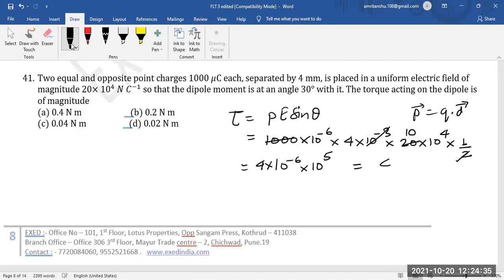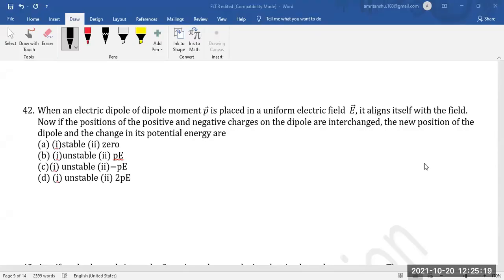So this is 4 into 10 raised to minus 1 newton meter. This is 0.4 newton meter. So I guess this is the answer. Moving on to question number 42.